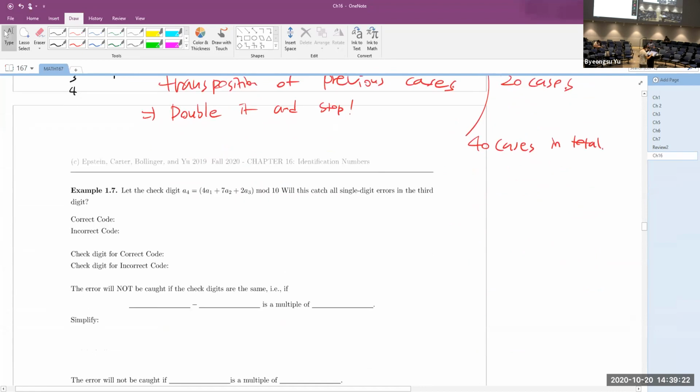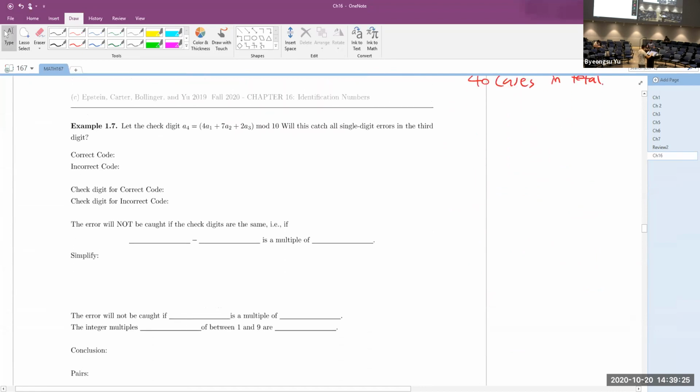Okay, let's do example 1.7. Let the check digit A4 be 4A1 plus 7A2 plus 2A3 mod 10. Will this catch all single digit errors in the third digit? So here our correct code is A1, A2, A3, A4.